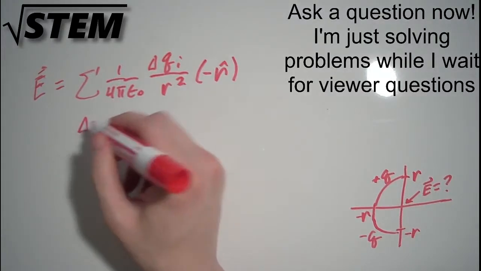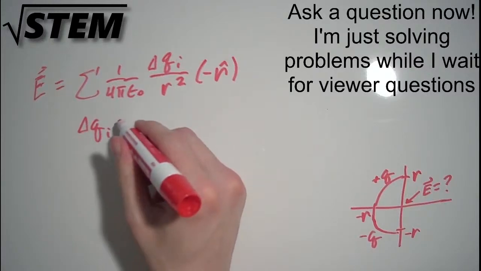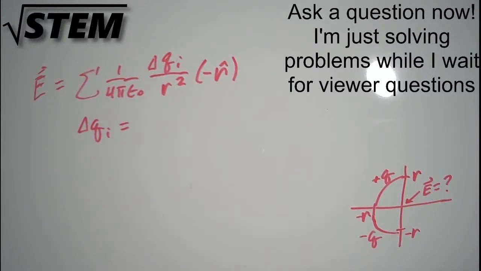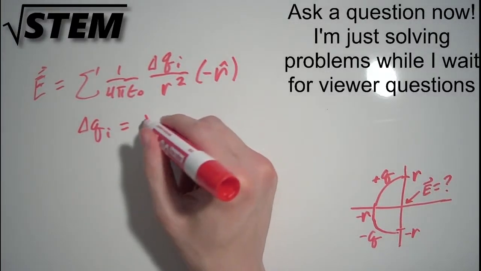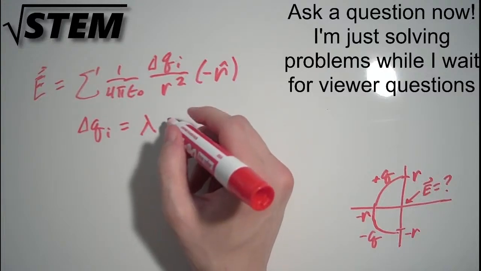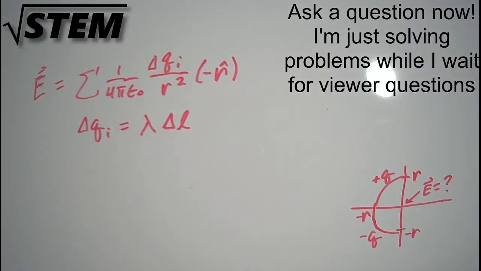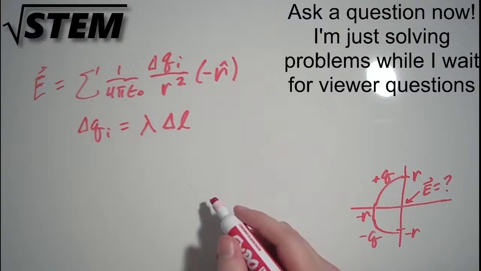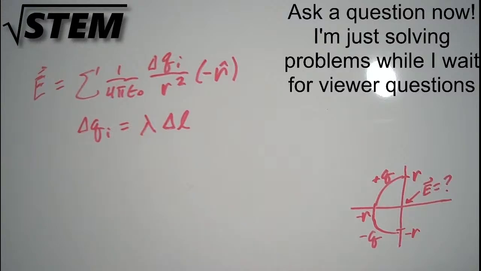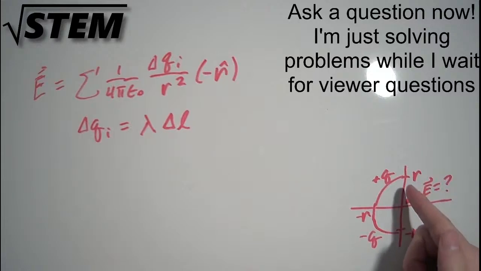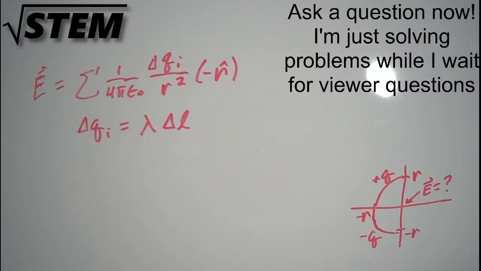So each small bit of charge is going to be the charge density times a small bit of length, delta L, and the charge density for each one of these is going to be plus or minus q divided by this arc length, and the arc length would be r times pi over 4.